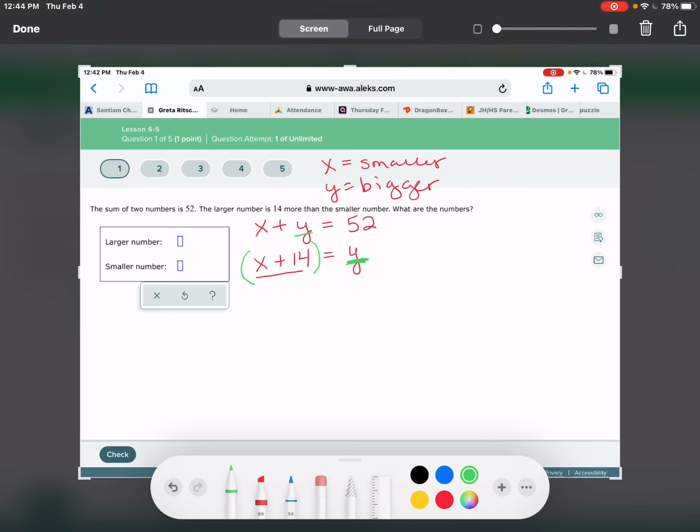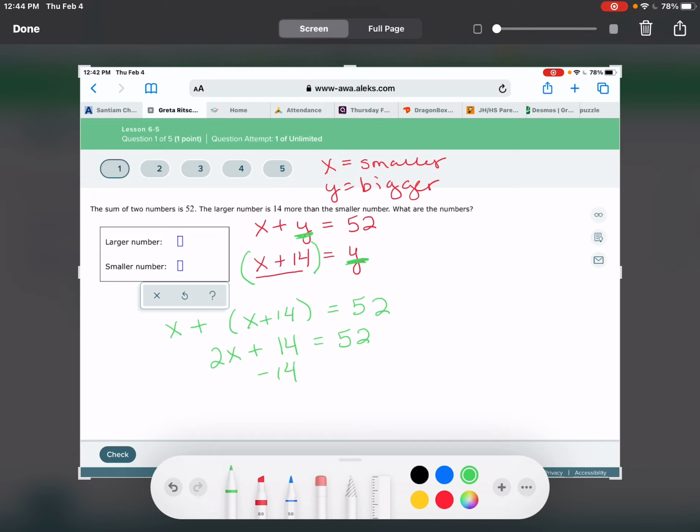So here's what I have. x plus 14 instead of y equals 52. So let's go ahead and do this math. Those parentheses actually don't matter. Nothing's being multiplied together. So I can do x plus x is 2x plus 14 equals 52.